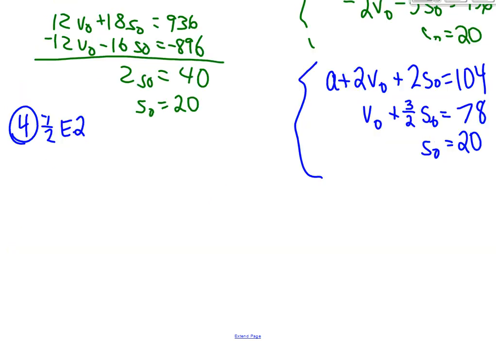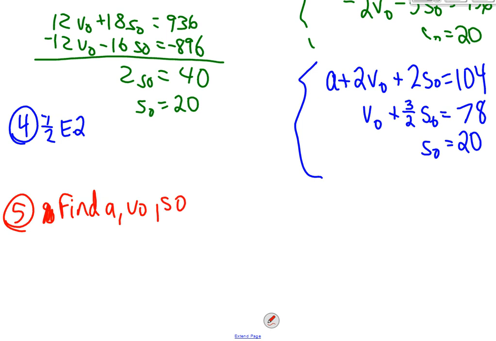So now, do you agree that it is now in row echelon form? And do you agree that I can now find A, V sub 0, and S sub 0? So step 5, I'll just write, find A, V sub 0, and S sub 0.